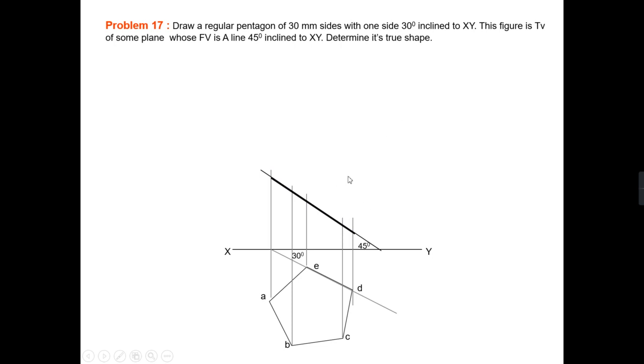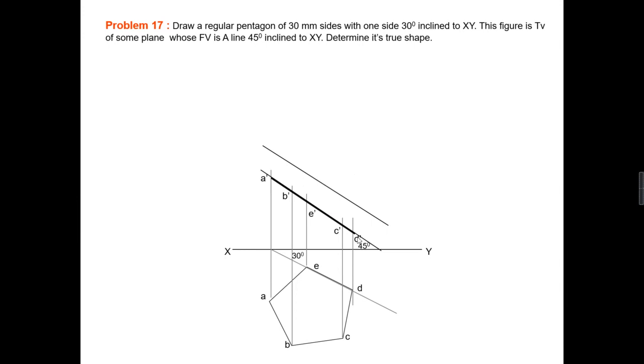If I see it from this direction, I can see the true shape of the pentagon, right? What I will do is I will draw an XY line parallel to this line. This is now your XY line, and what we see from this direction should be the true shape.